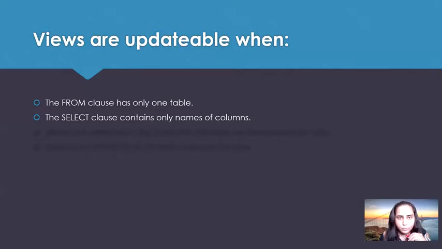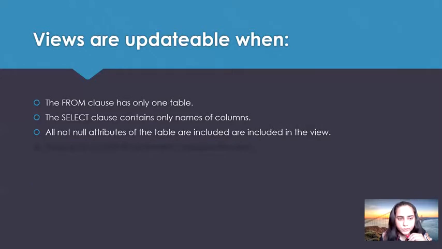All these things should not be there while creating the view. The third condition is all the not null attributes of the table must be included in the view. For example, if your table has a primary key, then that primary key should be included within the view. If it's not included, then obviously you cannot update the view.